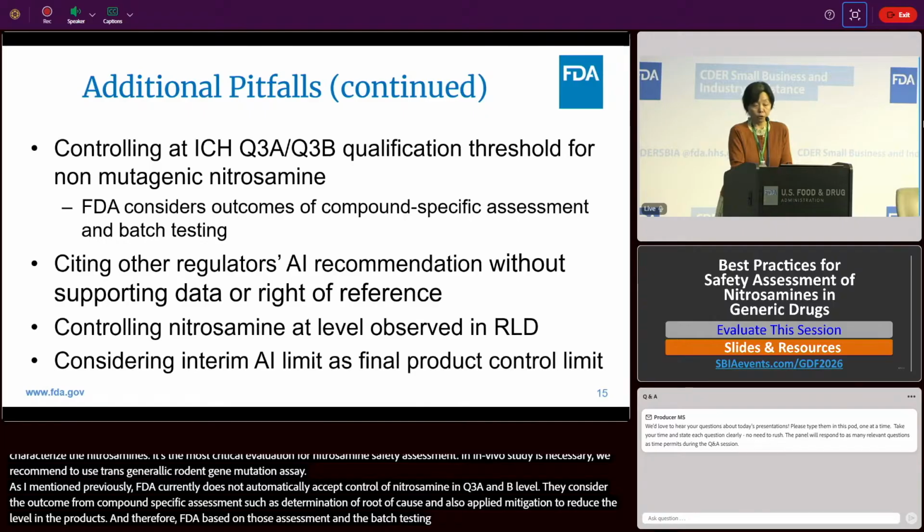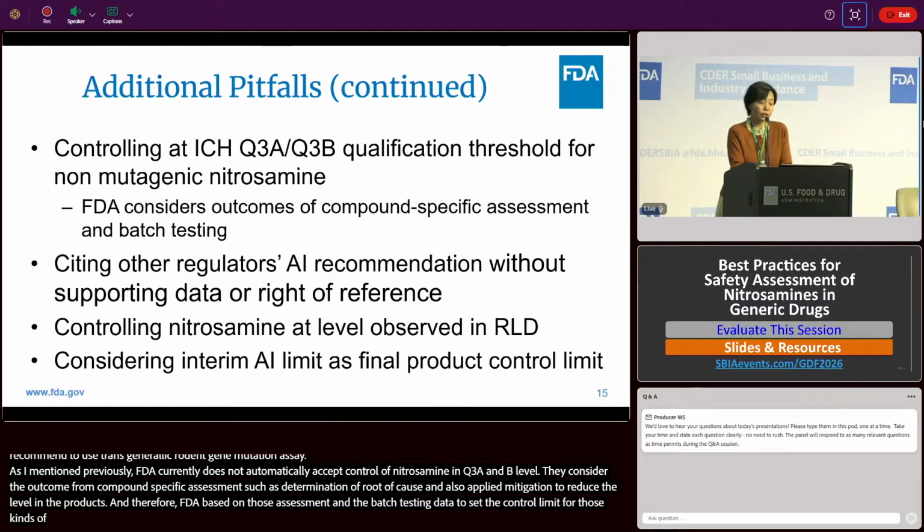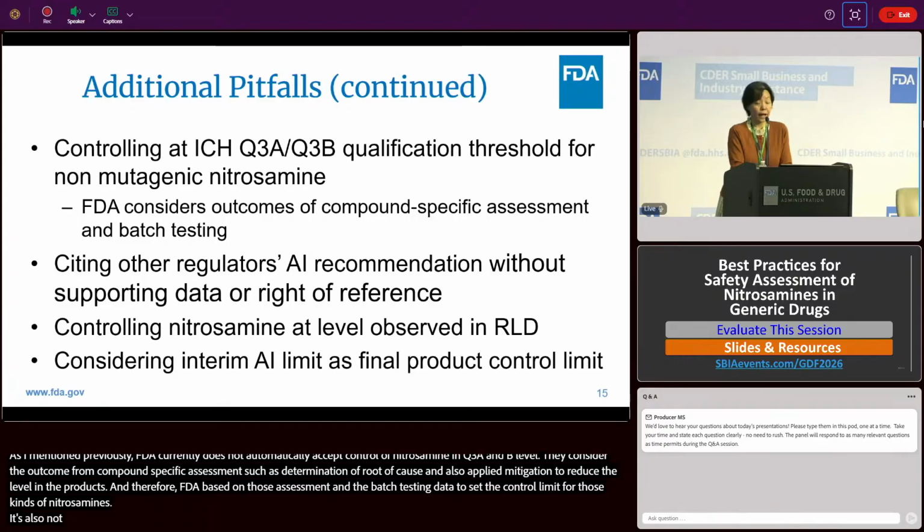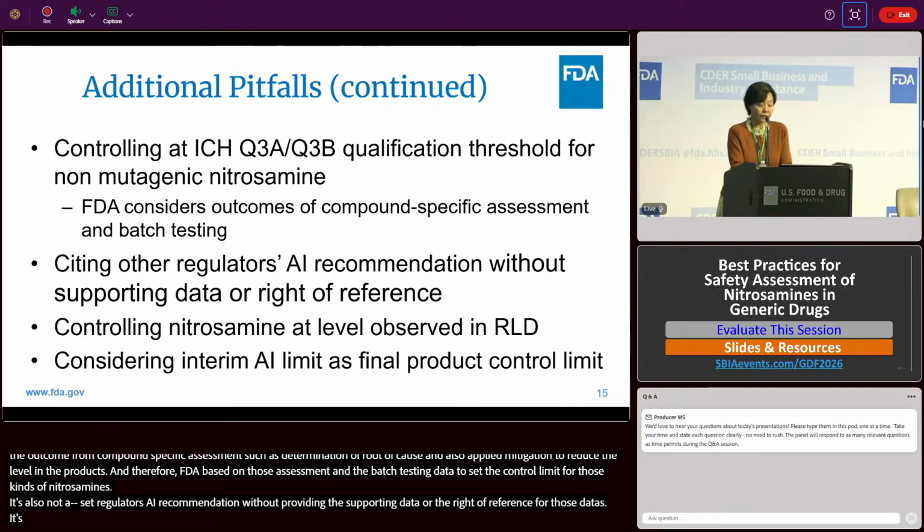It's also not acceptable to set other regulators' AI recommendations without providing the supporting data or the right reference for those data. It's also generally not acceptable to control nitrosamine at the level observed in the RLD. And it's not appropriate to consider an interim AI limit as the final product control limit.